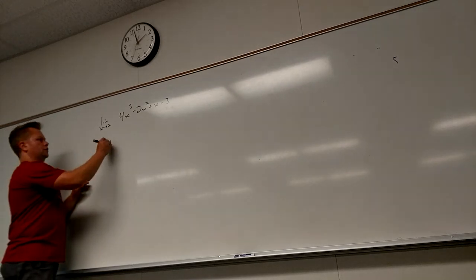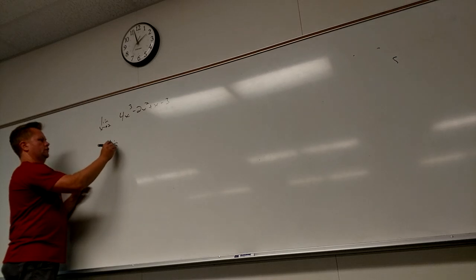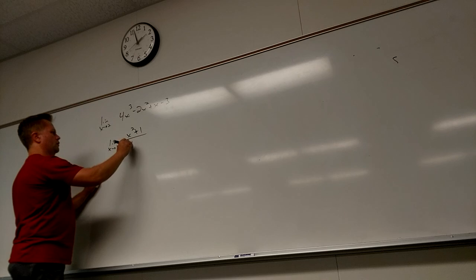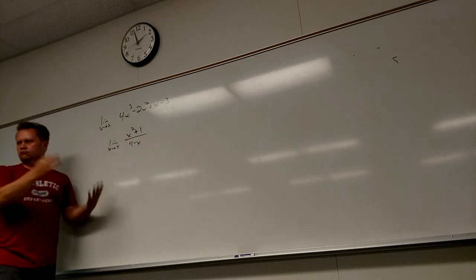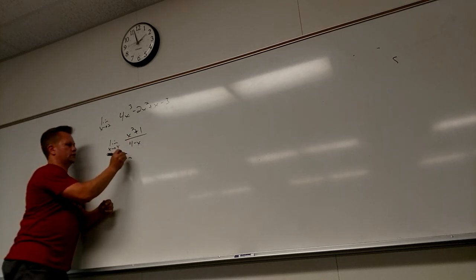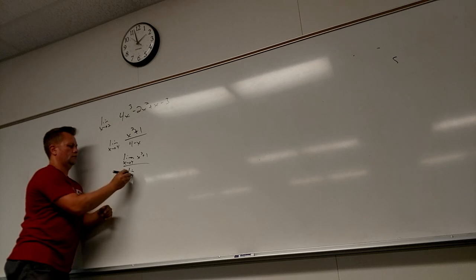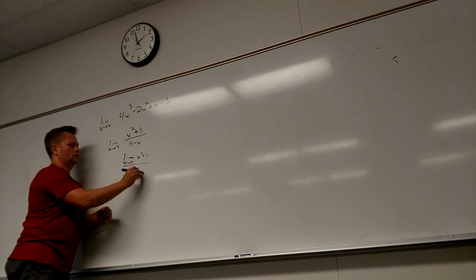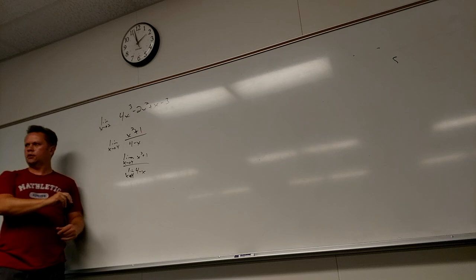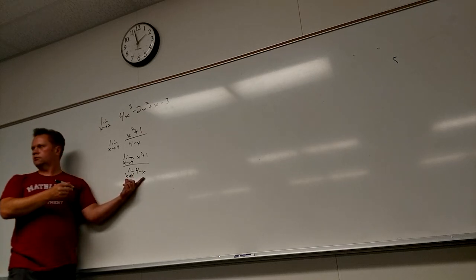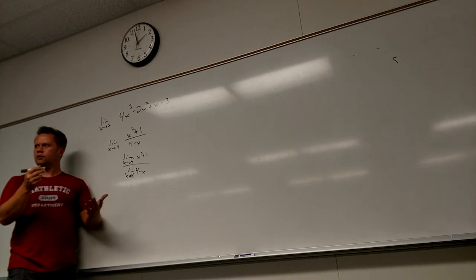So, for example, if I had the limit as x goes to 4 of (x squared plus 1) over (4 minus x), I could do the limit as x goes to 4 of the top over the limit as x goes to 4 of the bottom. Of course, the bottom limit is 0, which leads to a problem.